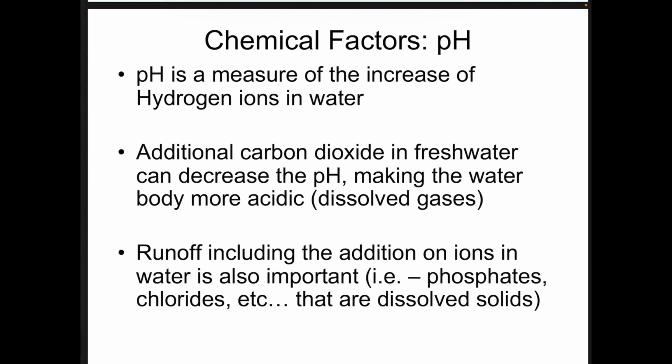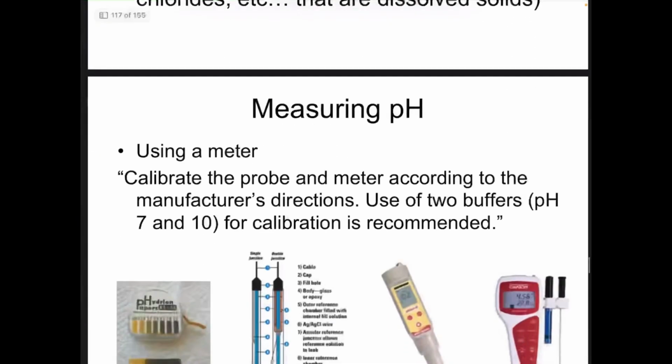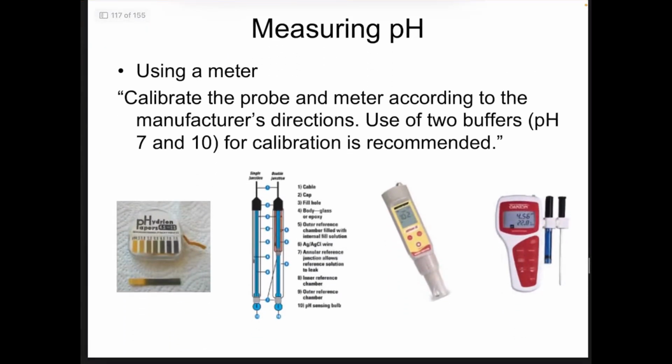If you add carbon dioxide in the water, it could form acids that will make the water more acidic. Runoff, including the addition of ions in water, is also important. We have the phosphates, chlorides, and so on that are dissolved solids.